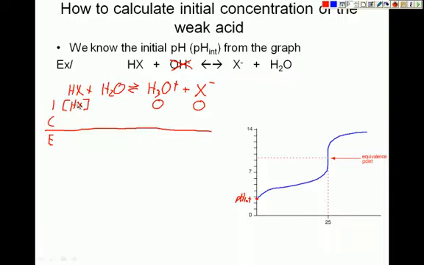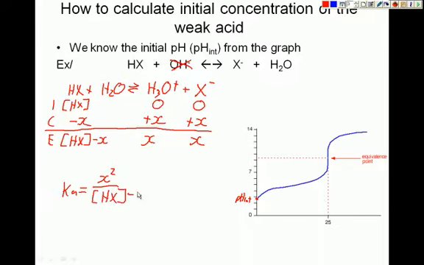Since those are 0 and HX has a number, the equilibrium is going to shift right, so HX decreases by X, and H3O plus and X minus, with a 1-to-1 ratio, each increase by X. So H3O plus is X, X minus is X, and HX becomes HX minus X. If you know the Ka, you can calculate the initial concentration by going products over reactants, which is X squared over the concentration of HX minus X. HX means our unknown acid, and you can calculate it by rearranging this formula and solving for HX.